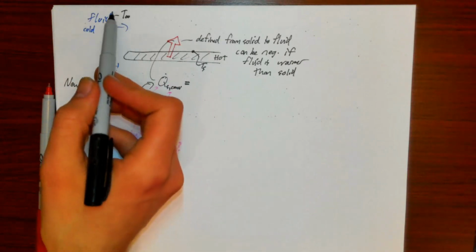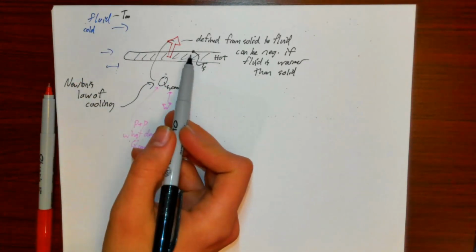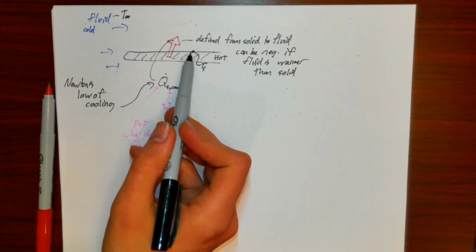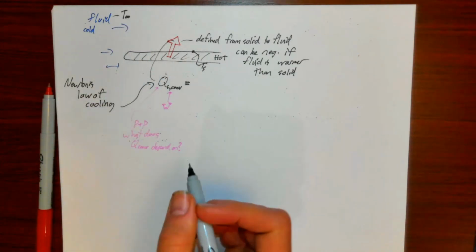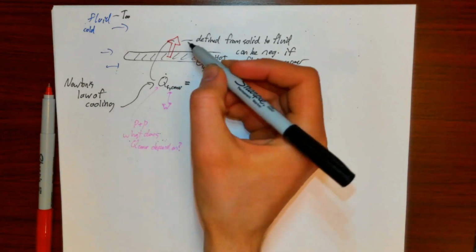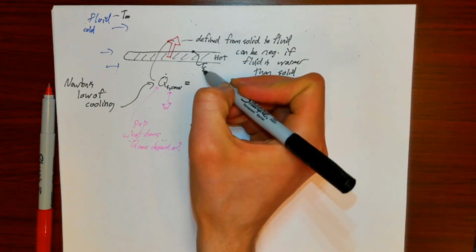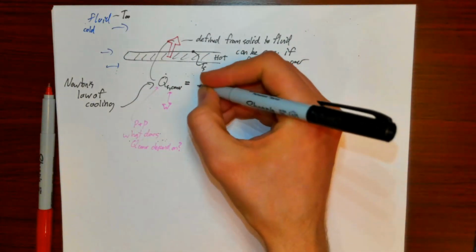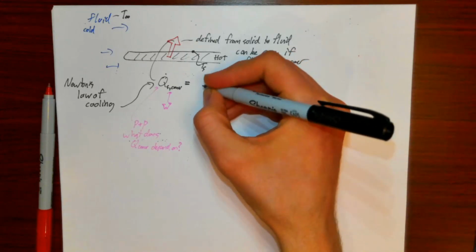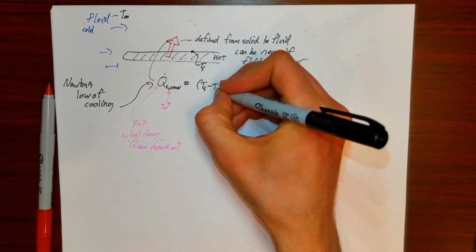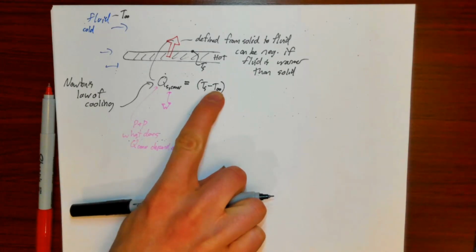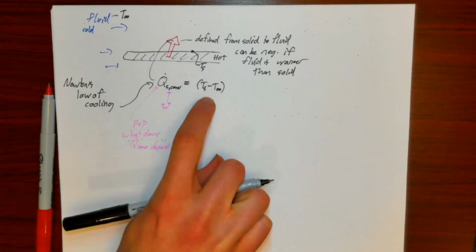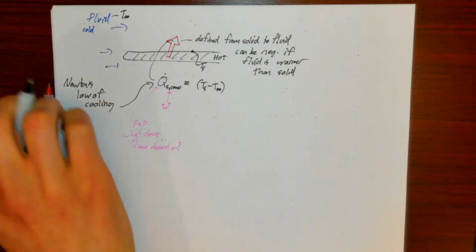We're just going to say, hey, some fluid far away is at T infinity, the surface is at Ts, and we know that the fluid temperature varies between them. But this heat flow is going to be proportional to the difference between Ts and T infinity. So Ts minus T infinity. And we can see that if Ts is greater than T infinity, then we're going to have something positive. If Ts is less than T infinity, then we're going to have something negative.